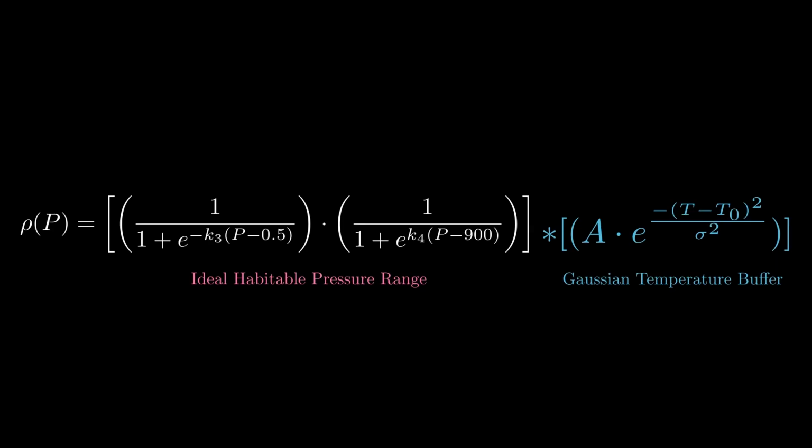The main idea here for this term is that it'll drive D subscript P up, which would drive the P subscript life, probability of life, or my POL, up for the world, of course, when it's around 175 Kelvin. So we have our buffer, we have our habitable pressure range, two terms that we can use, and we only use the temperature buffer when the pressure is below 0.5 atmospheres and temperature is 225 Kelvin or below.